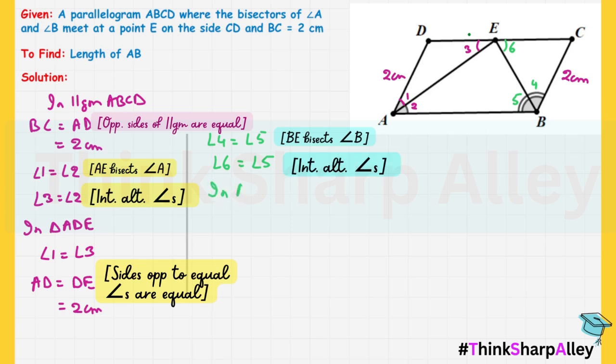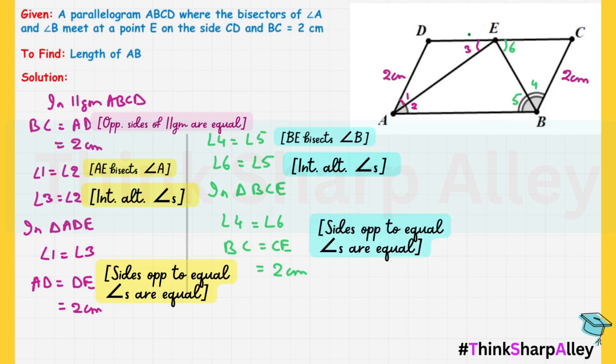So now we can move to triangle BCE and we can see angle 4 and angle 6 are equal. That means it again forms an isosceles triangle. So which means my BC and CE sides will be equal to 2 cm each. Reason being because sides opposite to equal angles are equal.